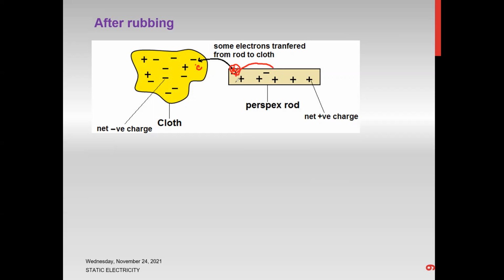There will be some negative charges, but the majority of them are positive. And there are positive charges on the cloth, but the majority of them are negative. So this charging occurs due to friction or rubbing. We call that electrostatic friction, or we also say charging by friction.